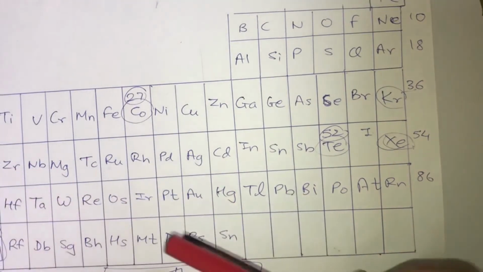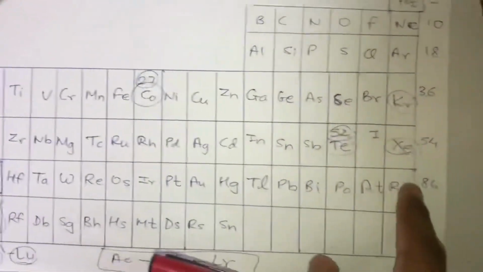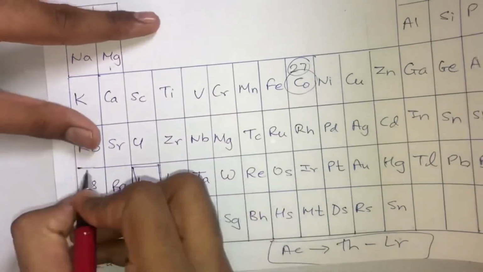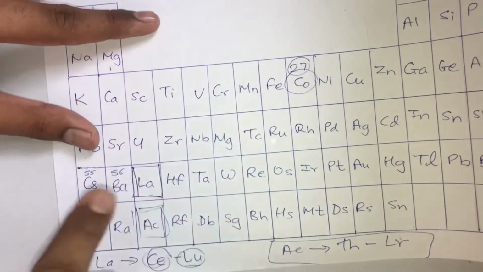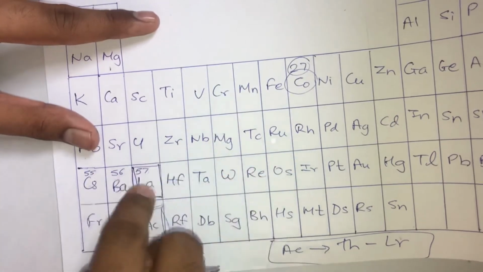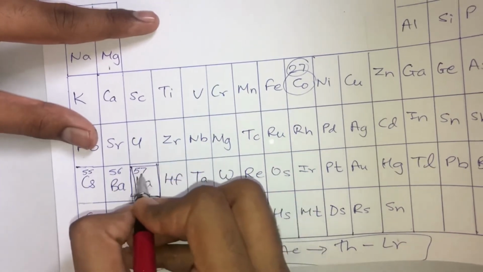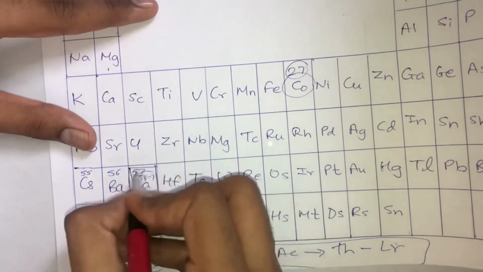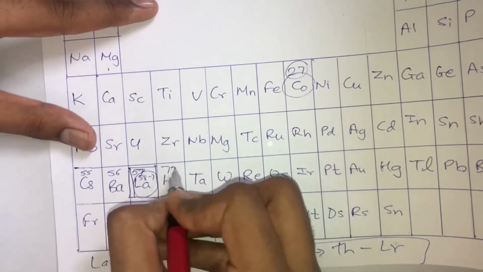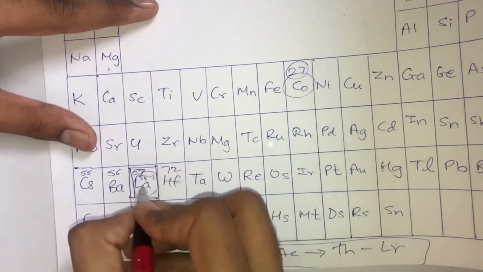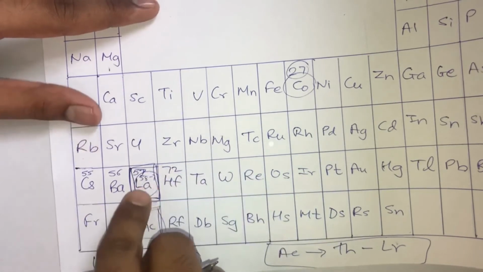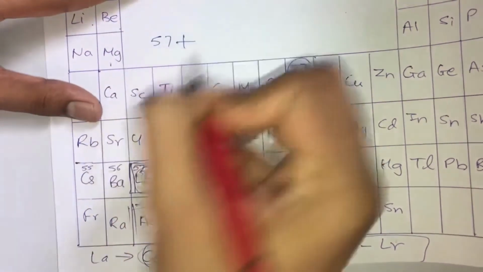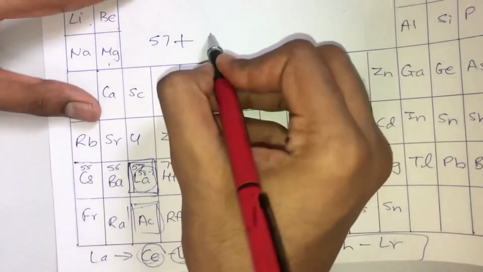Just need to focus over here that guys, here the xenon ends at 54. Am I right? So 54, 55, 56, and guys here there are 57 plus 58 to 71. Am I right? Here there is lanthanide series also. So after 57, here you have to start with direct 72. Am I right? Because in this position there is not only an element with atomic number 57, but there are also elements with atomic number 58 to 71.